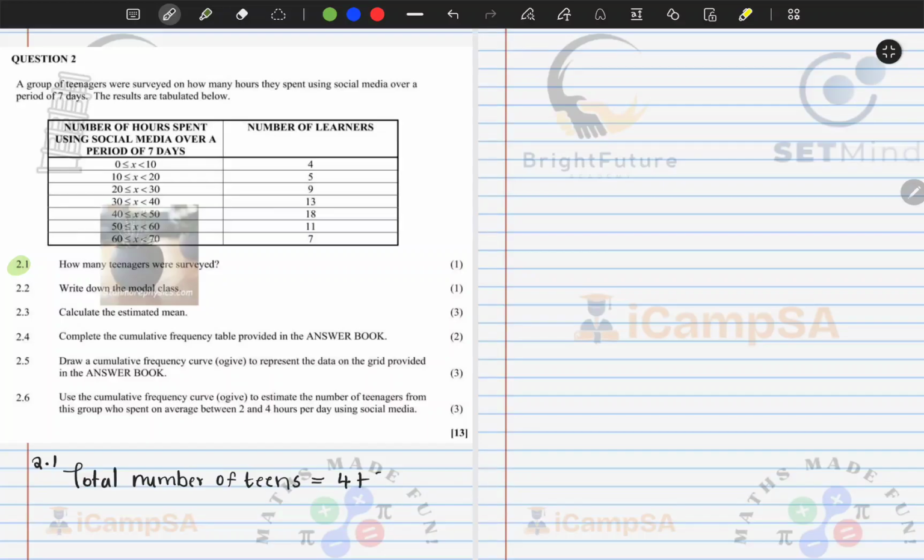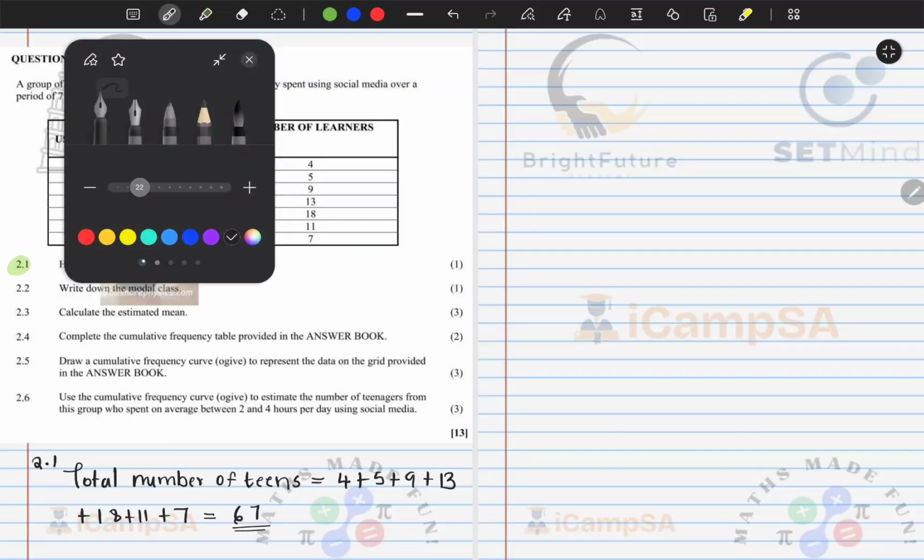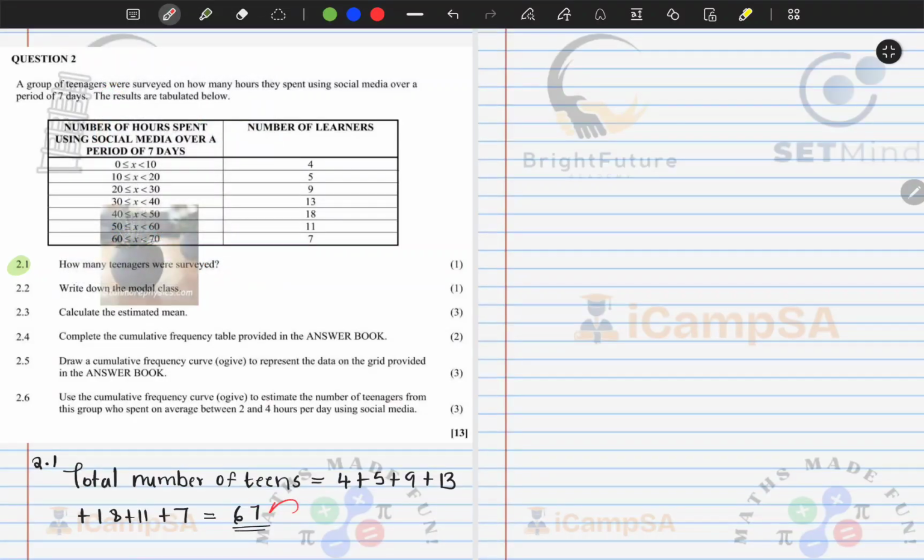If you look carefully, it will be 4 plus 5 plus 9 plus 13, then plus 18, then plus 11, then plus 7. If you punch this on your calculator, you'll see that the total is 67. So that becomes our total.